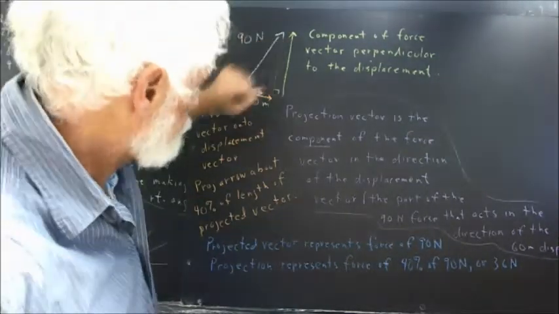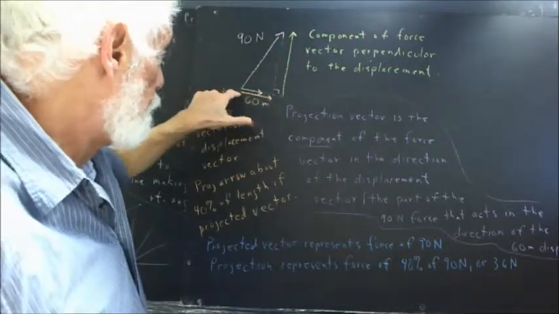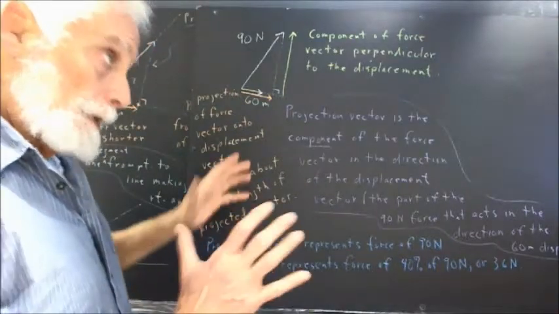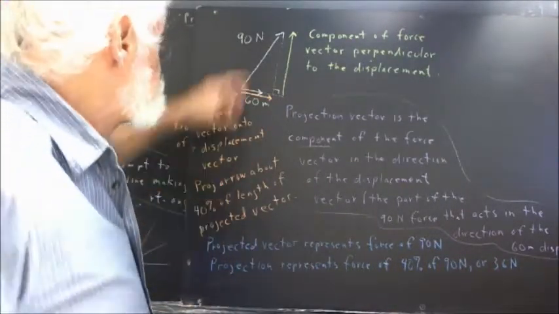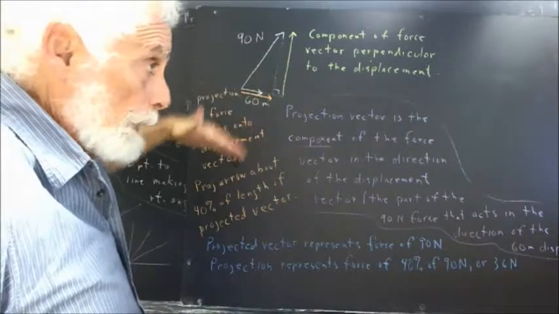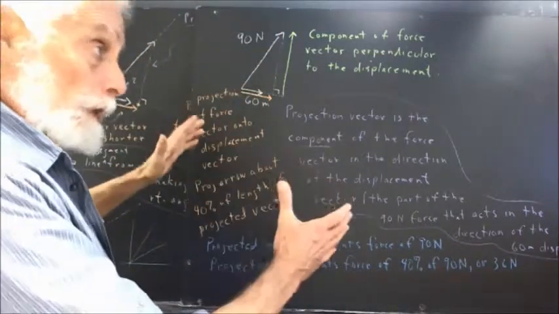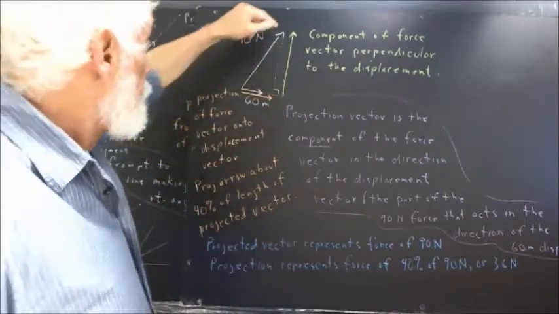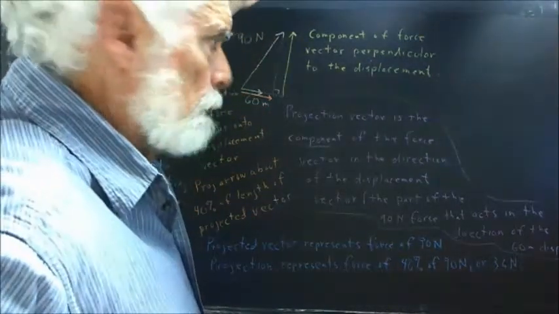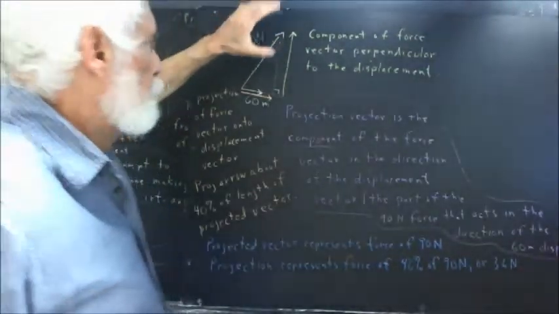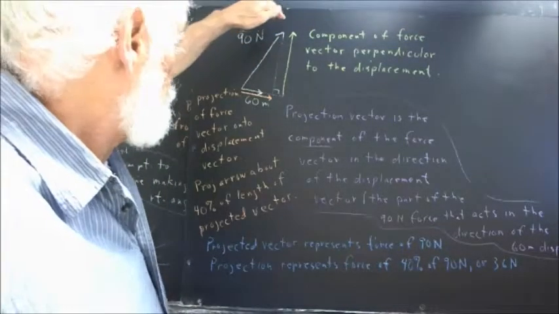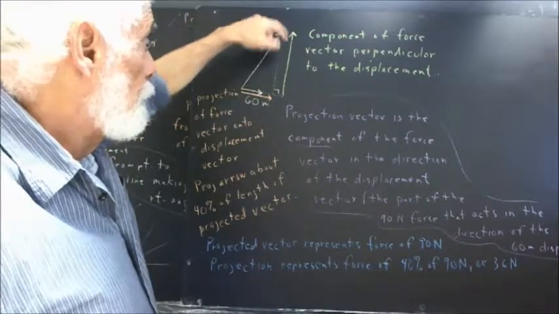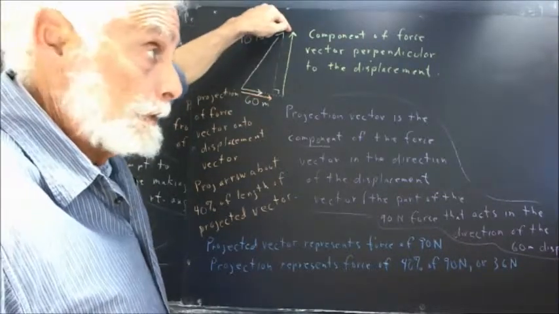I've drawn it offset a little bit, just as I've drawn the projection vector offset a little bit, and that doesn't hurt anything. The vectors are the same no matter where you move them. You can't change their length, you can't change their direction, but you can move them around. Don't worry about that right now, but that's one of the rules. That is the component.